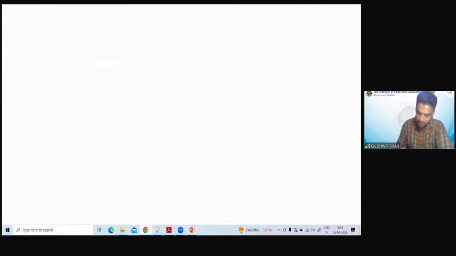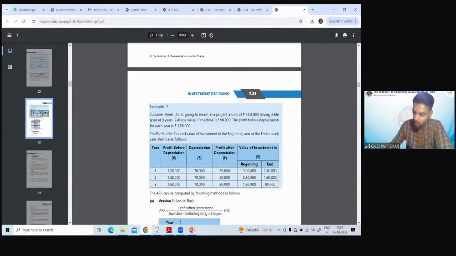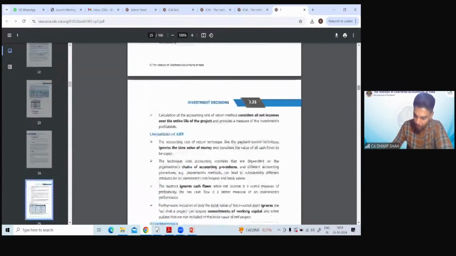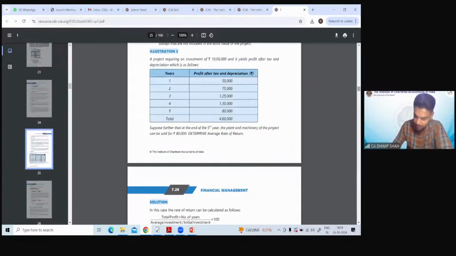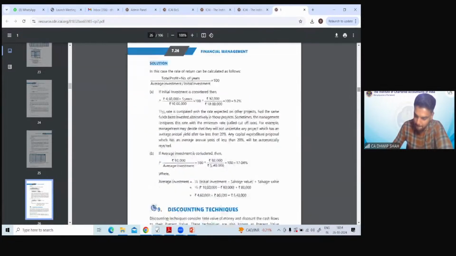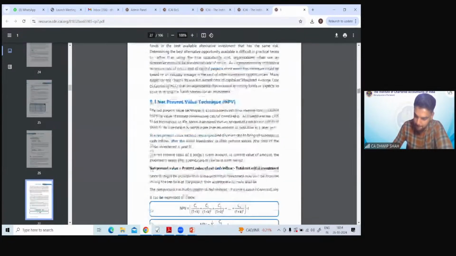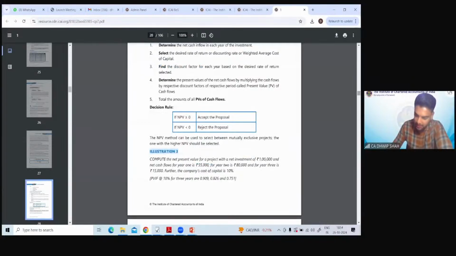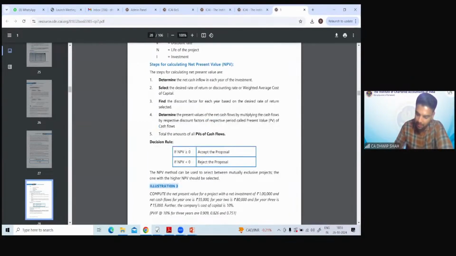Okay? Let's try to solve one illustration from the module. So this is the decision making criteria for NPV. If NPV is greater than 0, meaning positive, accept the project.